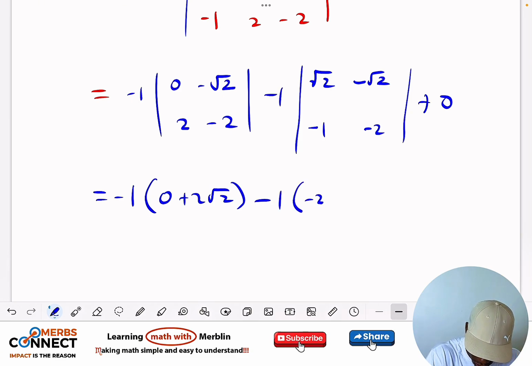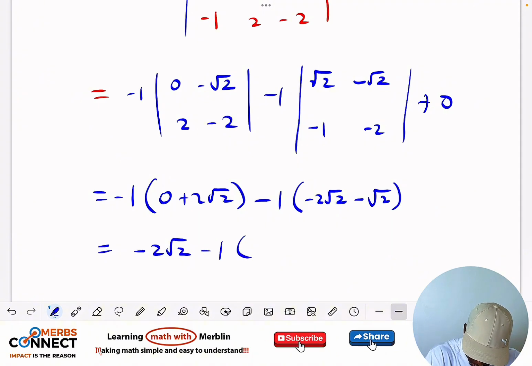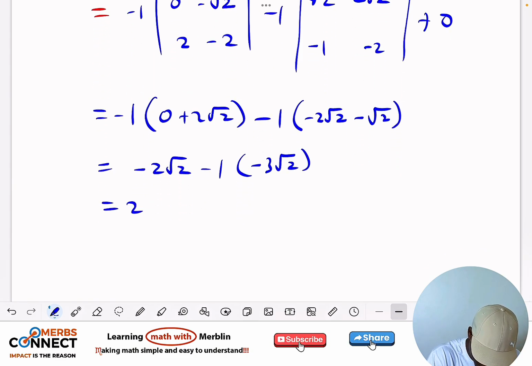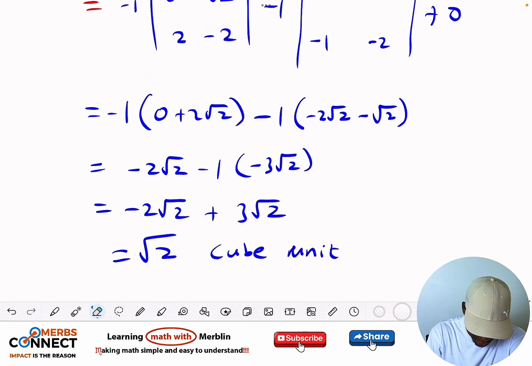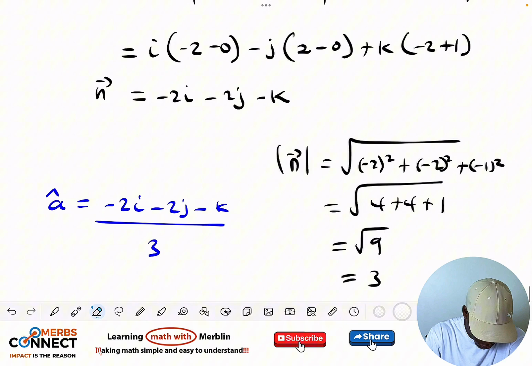This is minus this. Then this will be minus square root of 2, and then plus 0. So this is going to give us minus square root of 2, and then minus 1. This is going to give us minus 3 square root of 2, and minus 2 square root of 2 plus 3 square root of 2. And this is going to give us square root of 2, and we are going to call it cubic units. Yeah, so that is what you are going to get for this.